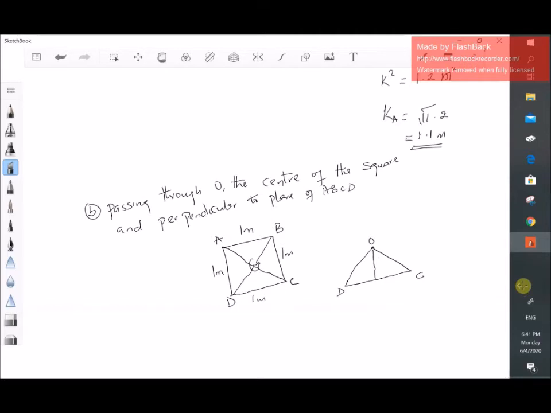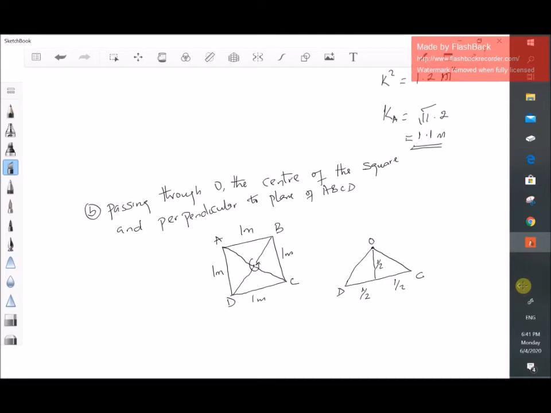So this was 1 meter, so when it becomes half and half. From this point to this point is 1 meter, so from the center to this plane will be half.